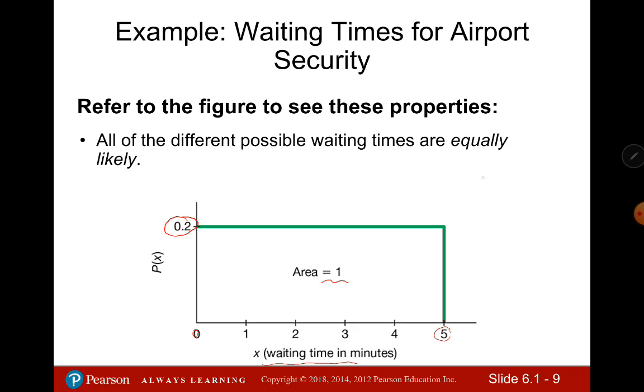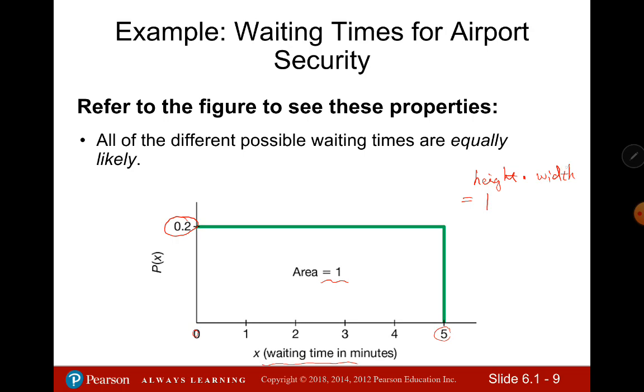Because we know the height times the width. How can we get the area of a rectangle? Height times width. So height times width is equal to 1, right? The total area.